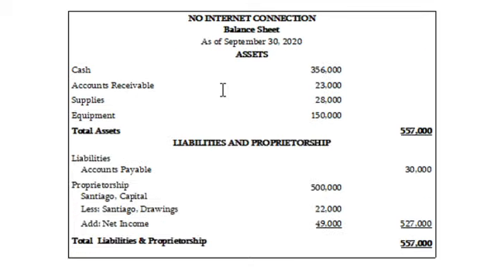Balik tayo, again, huwag kakalimutan yung heading: yung name ng business, yung pangalan ng statement na ginagawa natin, balance sheet, or the statement of financial position or financial condition, and yung date. Ito ang gagamitin natin as of September 30, 2020.